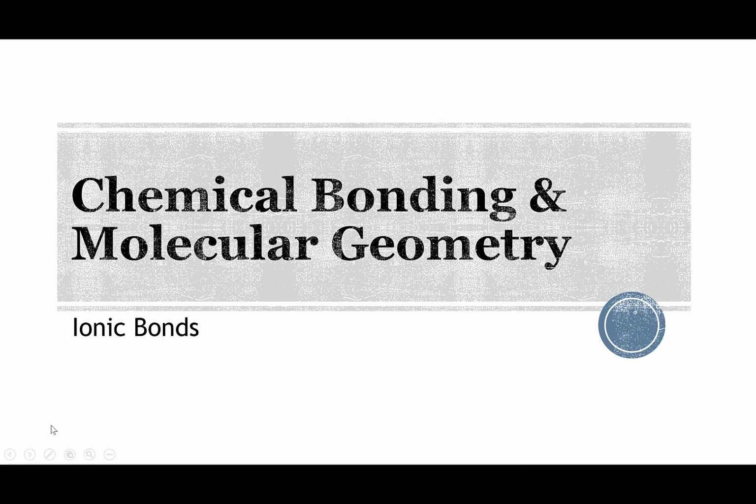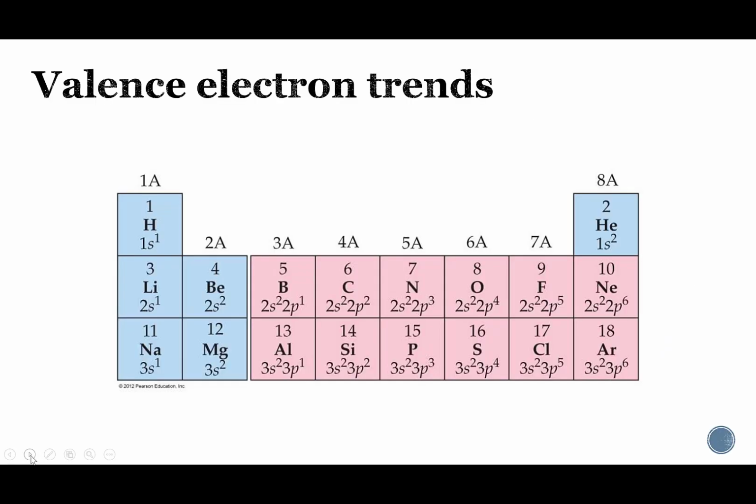So this all hinges on something I've mentioned before, and that is valence electrons. So for our main group elements, let's start there. Remember, we can predict valence electrons by the number at the top of the family. So these guys right here will have 1 valence electron. These guys will have 2, 3, 4, 5, 6, 7, and 8.